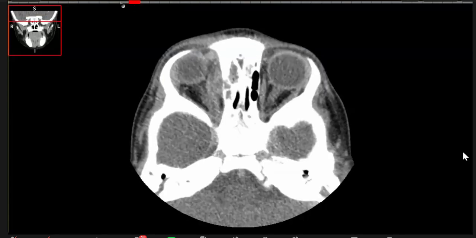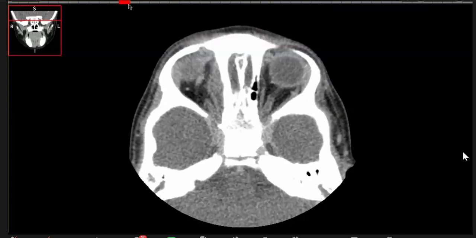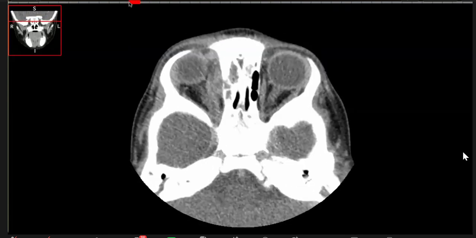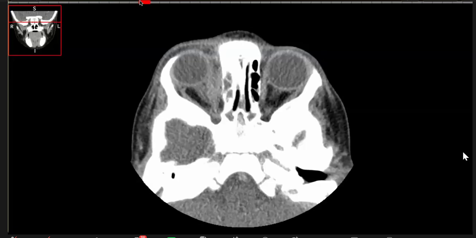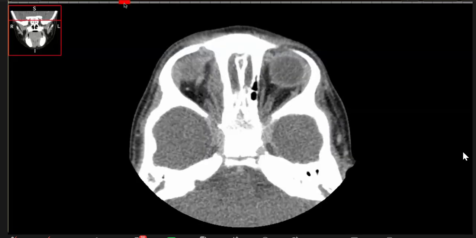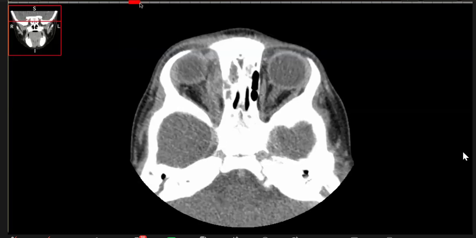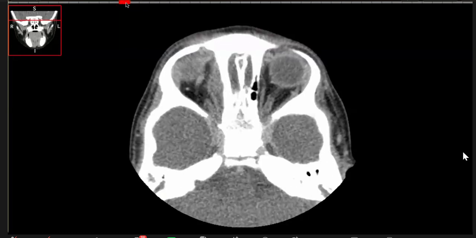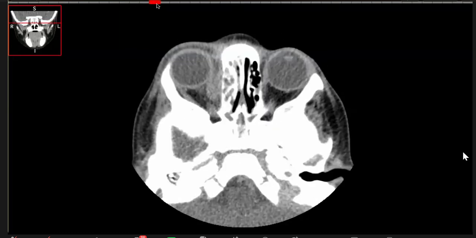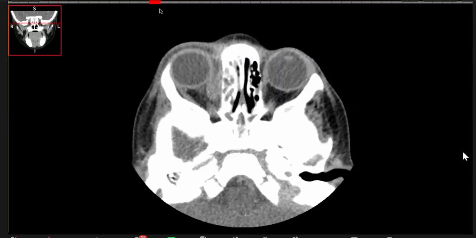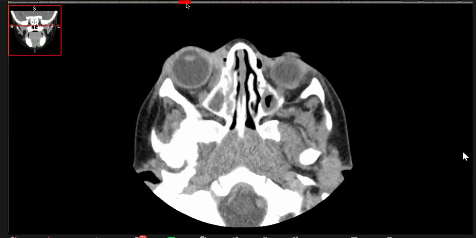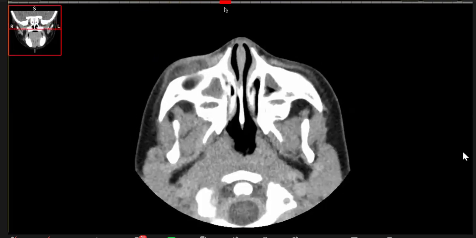I can appreciate that there is an ovoid shaped area of increased density that is noted on the medial aspect of the right orbit, and it is causing lateral deviation of the right medial rectus muscle. There is mild proptosis of the right eye as compared to left side, as well as mild preseptal soft tissue thickening and enhancement noted.